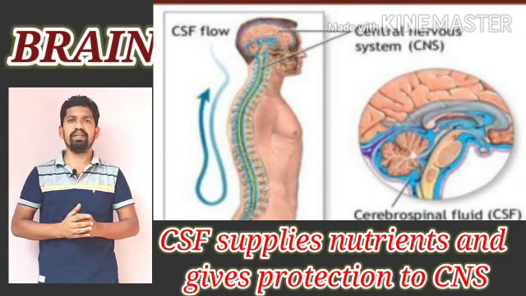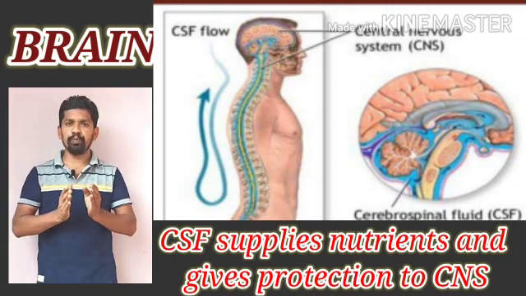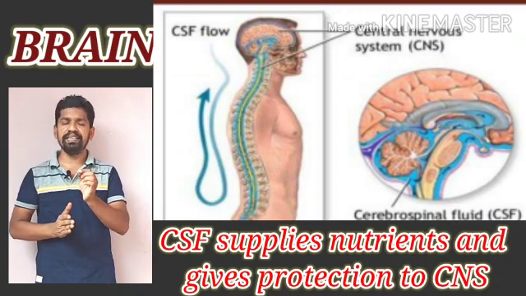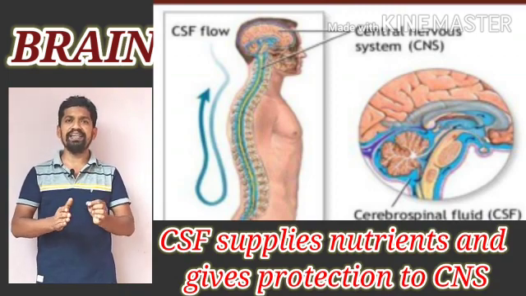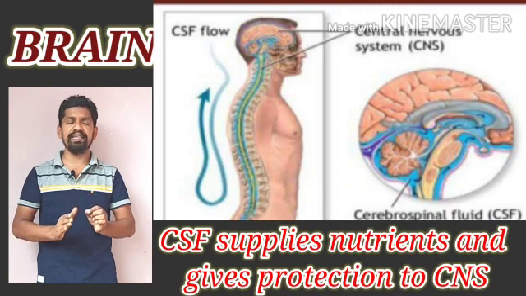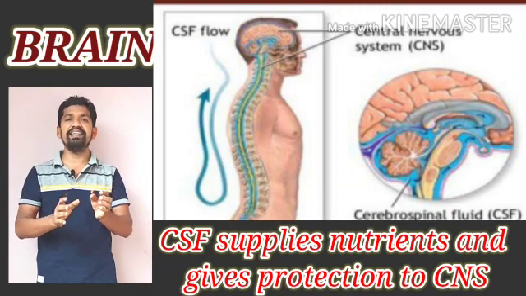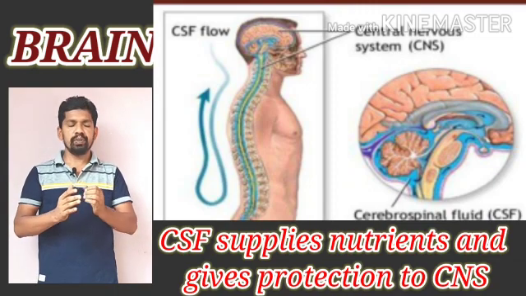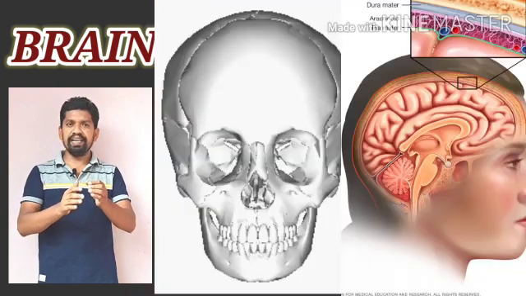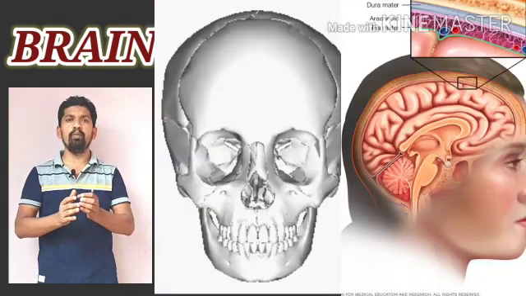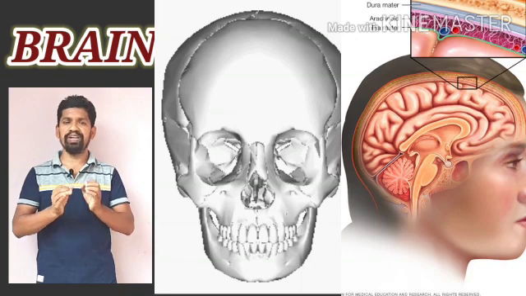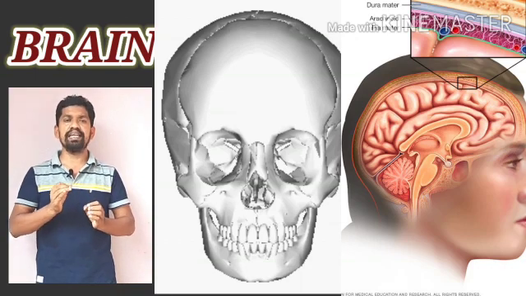The nourishment of the cells in the brain and spinal cord is maintained by the cerebrospinal fluid present between the meninges.